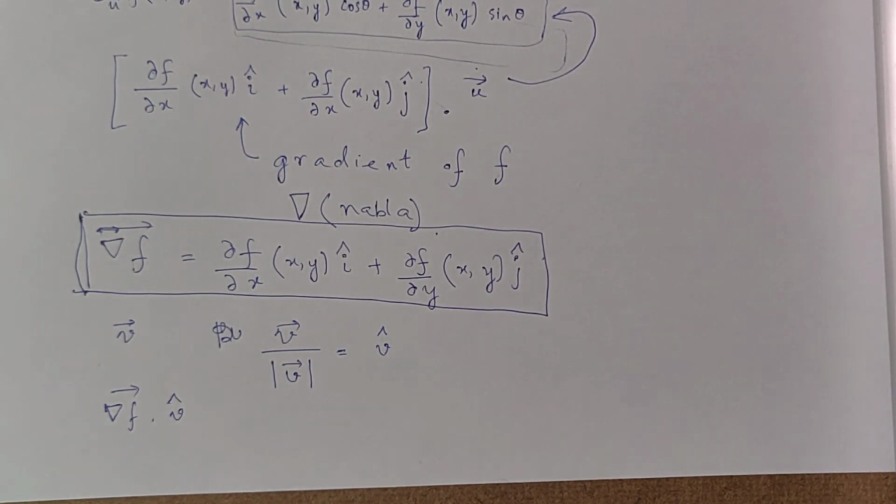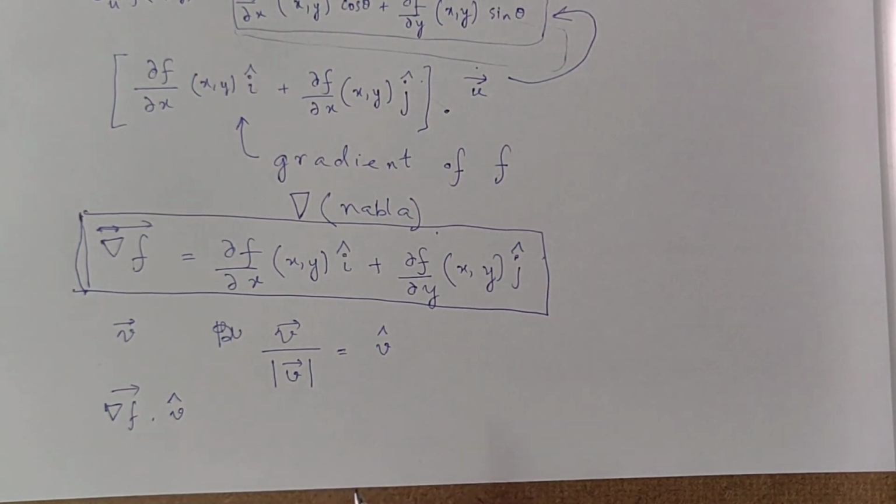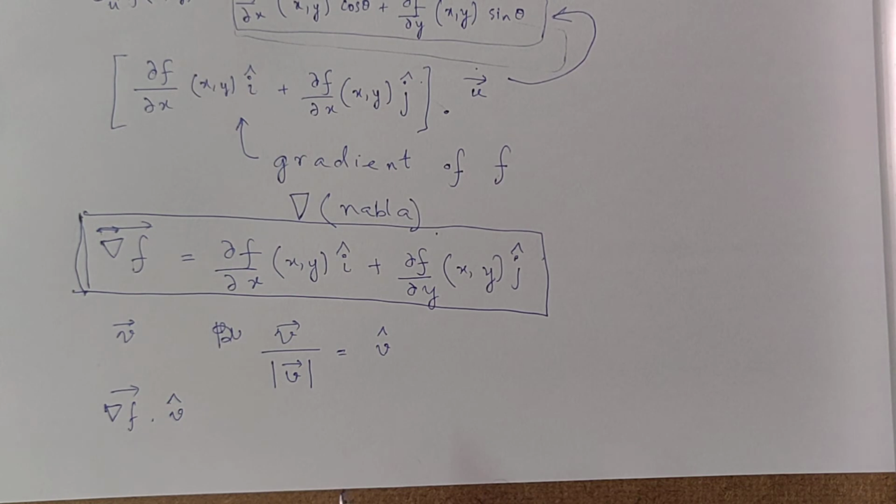Now, when you take a dot product of two vectors, what is the dot product of a vector a and b? It is mod a into mod b into cos theta, where theta is the angle between a and b.